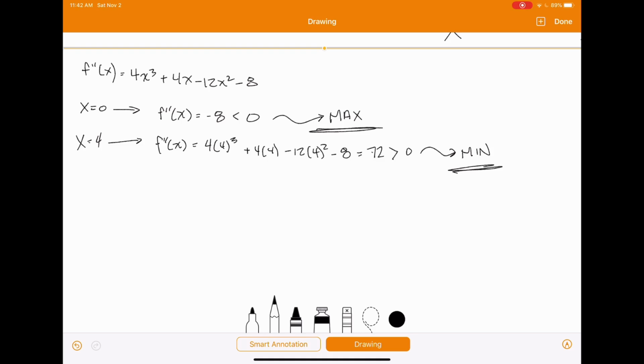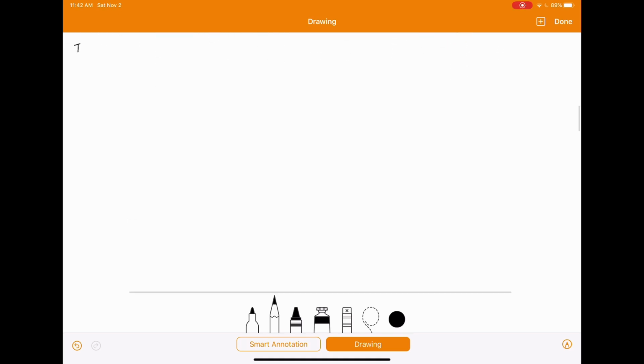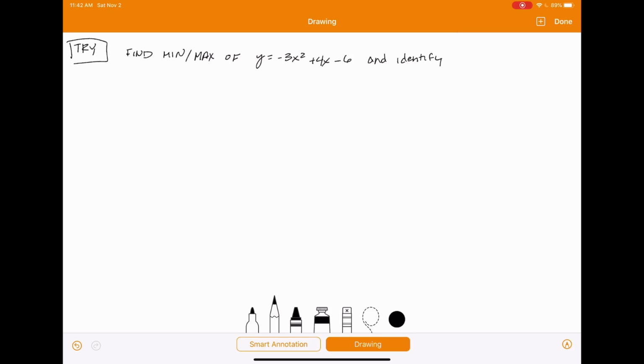So let's go ahead now and give you one to try on your own. Find min or max of y equals negative 3x squared plus 4x minus 6, and identify if it has a min or max.